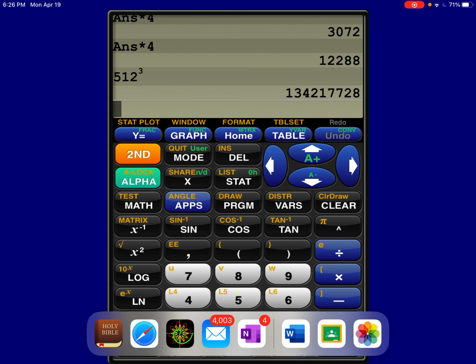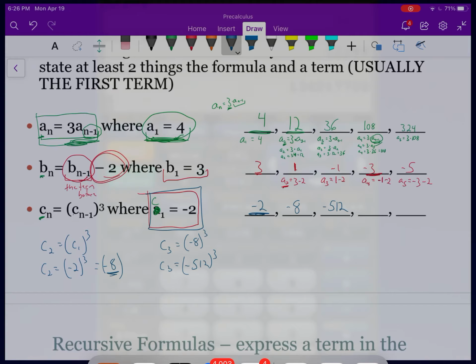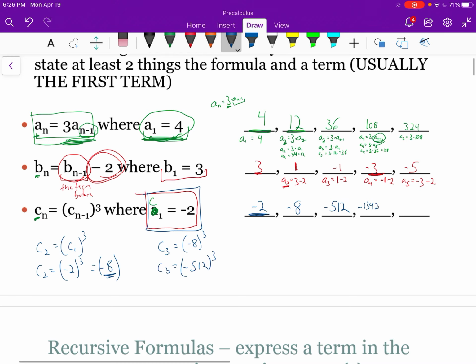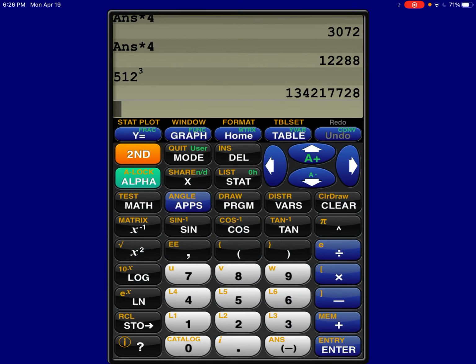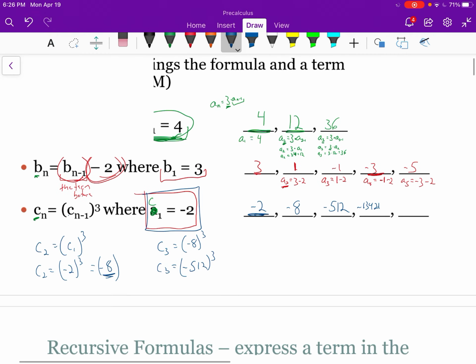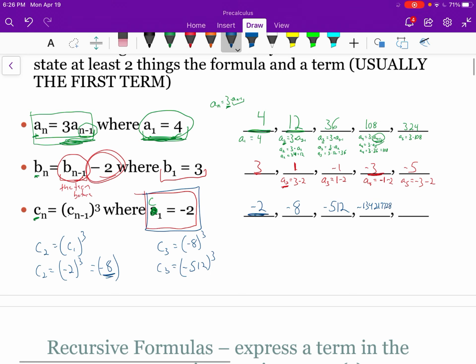Ooh. Whoa, now I'm supposed to cube that to get my fifth term.